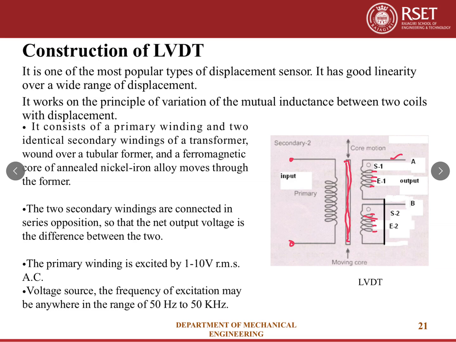The measurand is connected to this movable core, that is, the movable core moves with the measurand whose displacement is to be measured. An external supply is given to the primary coil, that is, the primary coil is given the external excitation.